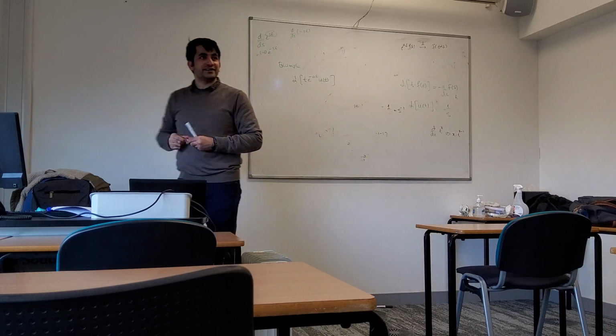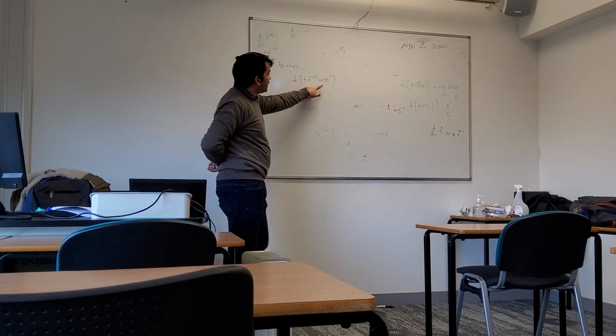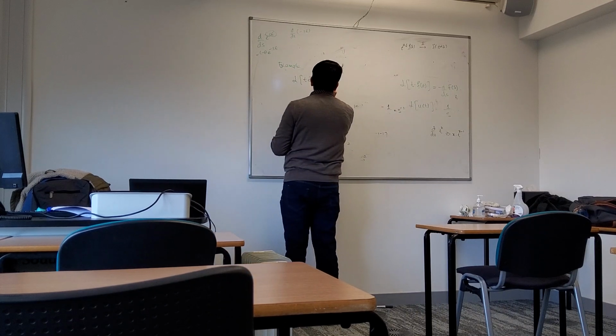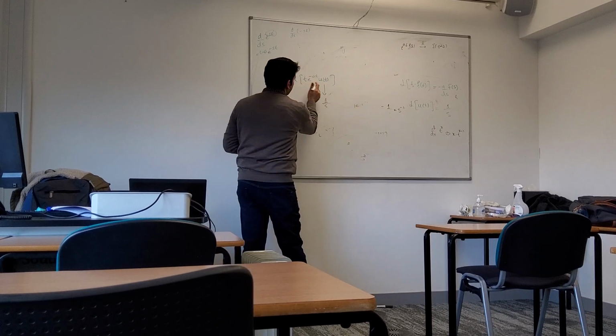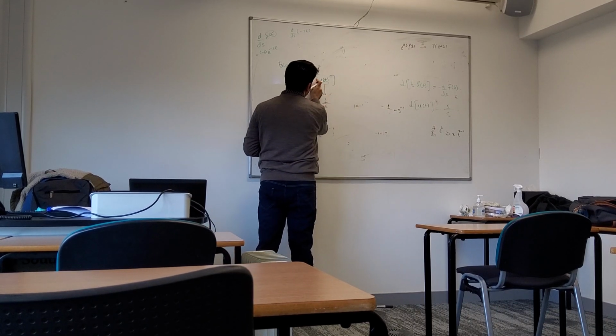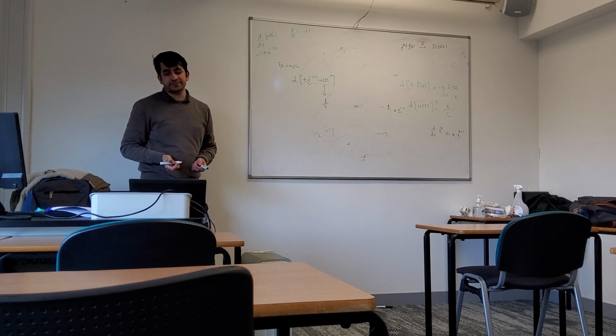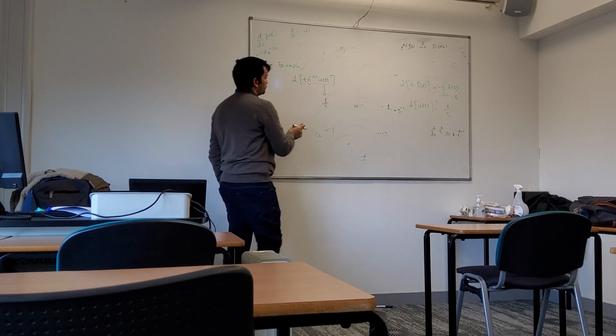We just calculated. So for u of t, the Laplace transform is 1 over s. For these two, it would be simply replacing s with s minus a, sorry, s plus a.